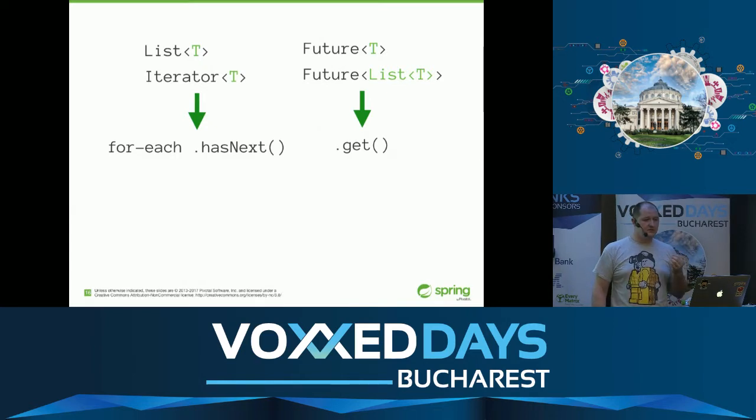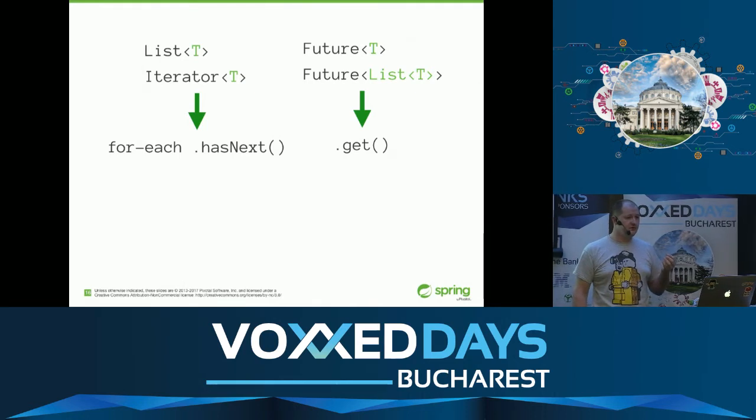We can ask the iterator whether there is more data. And a similar thing is true for a future, because at some point you have to synchronize on the future, unless you are writing a web server, and then basically you do not care what happens. But in most cases you are executing business logic and data access on the future, so you have to retrieve the result which is coming back, or you work with callbacks.